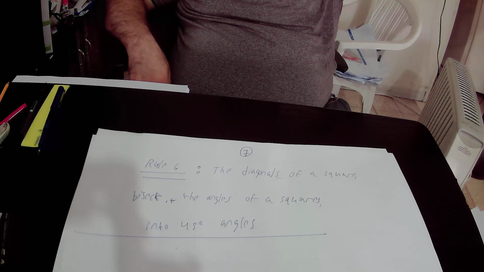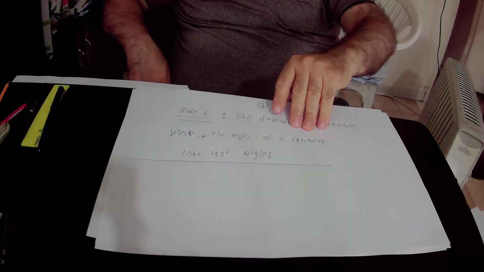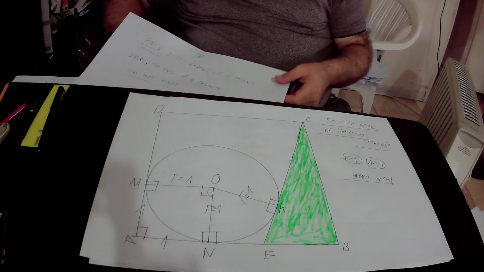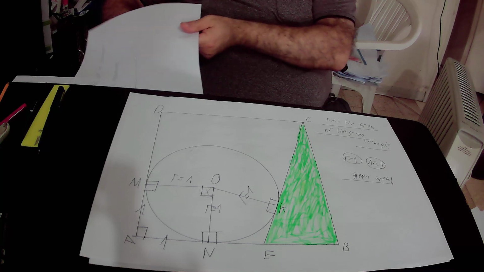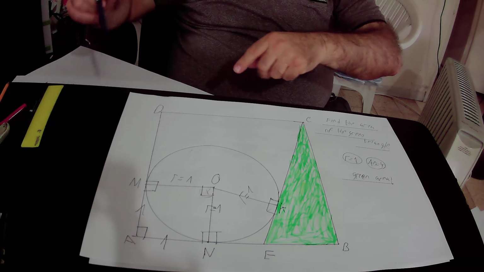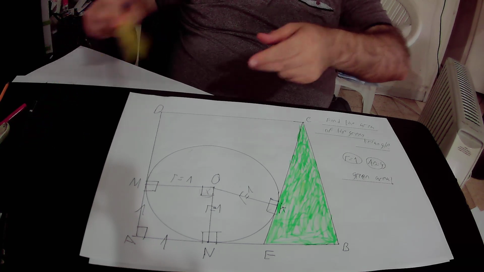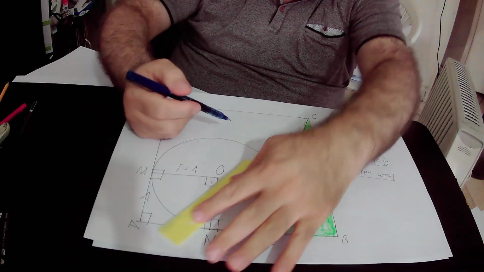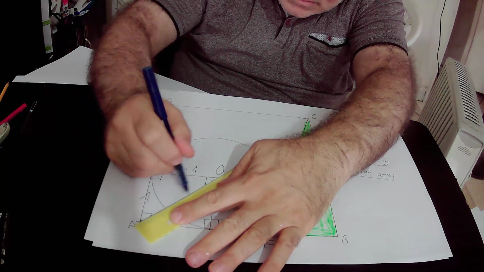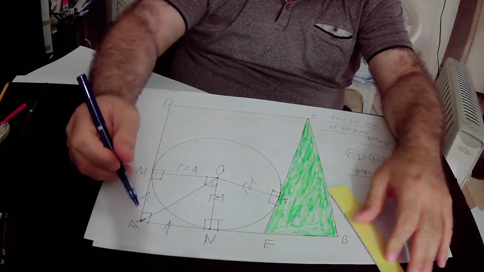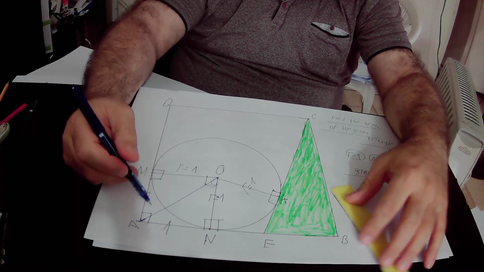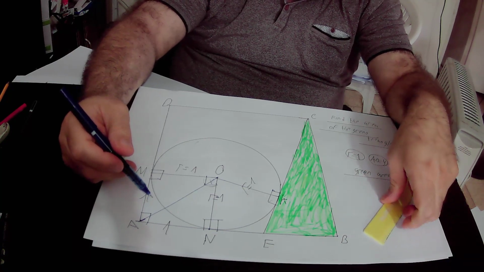So according to rule number 6, if we focus on this square MOAN, its diagonal OA bisects this angle, that is actually a right angle, into 2 angles, each of them equal to 45 degrees.